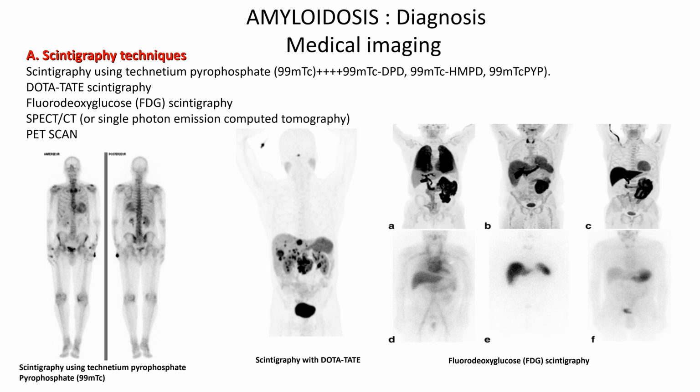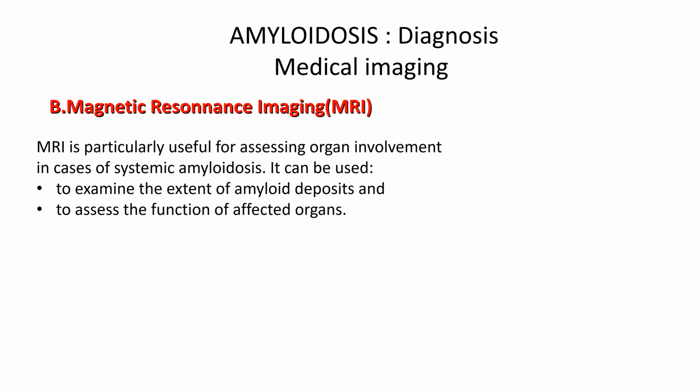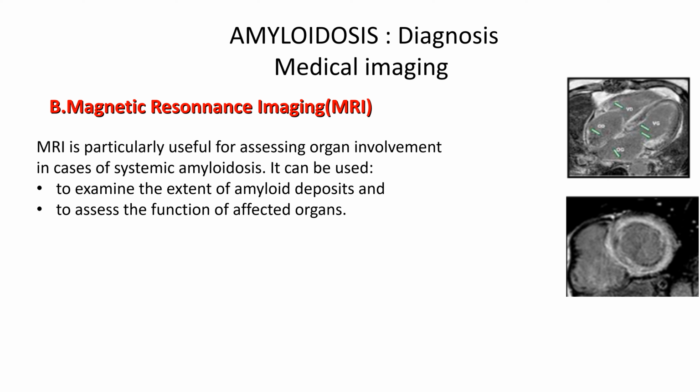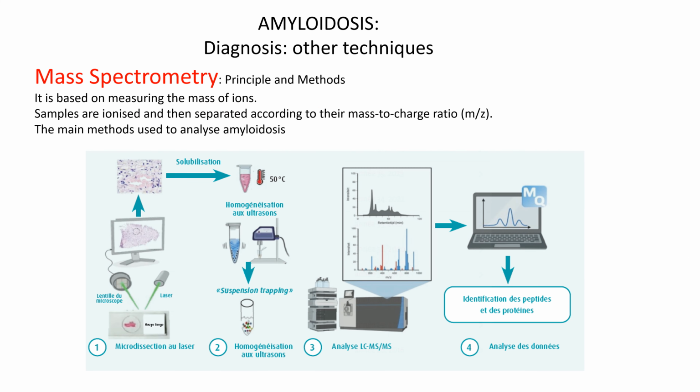Disease monitoring, PET scan can be used to monitor the progression of the disease and the effectiveness of the treatment. MRI is particularly useful for assessing organ involvement in cases of systemic amyloidosis. It can be used to examine the extent of amyloid deposit and to assess the function of affected organs.